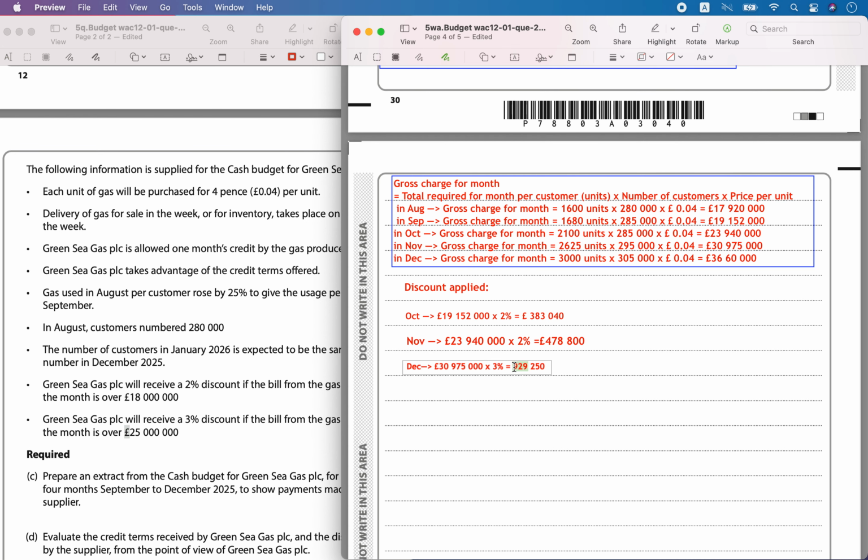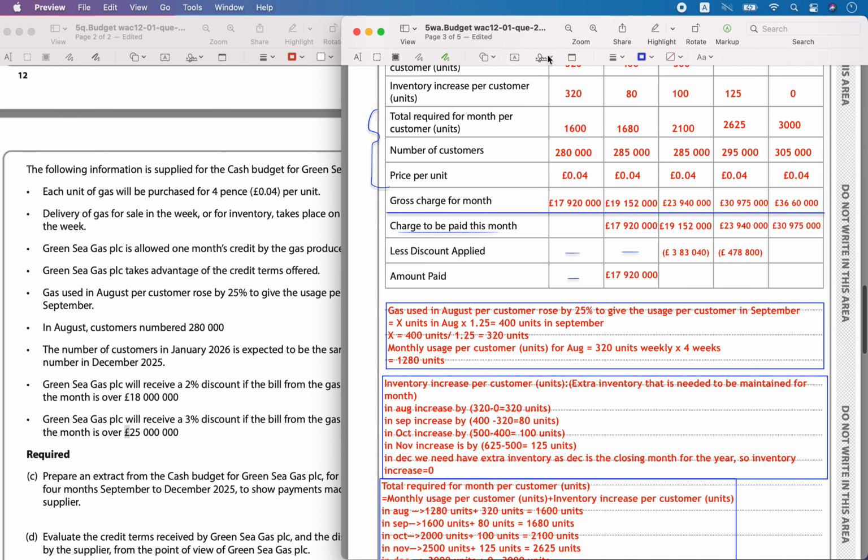So 929,250 pounds is the discount they will get. So you will reduce 929,250 pounds from 39,975,000.